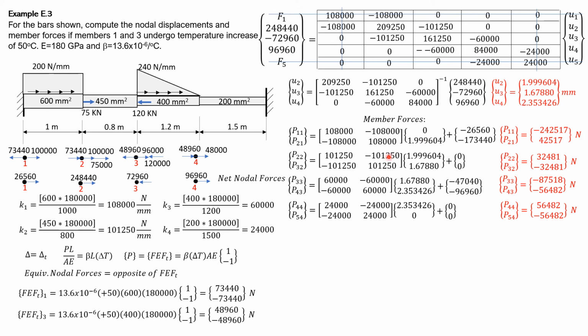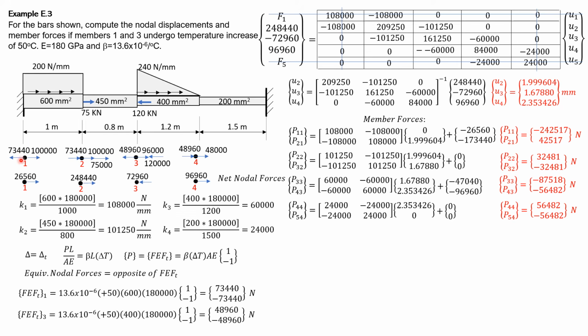For the member forces, the stiffness of member 1 times the displacements u1, which is 0, and u2, plus the fixed end forces.